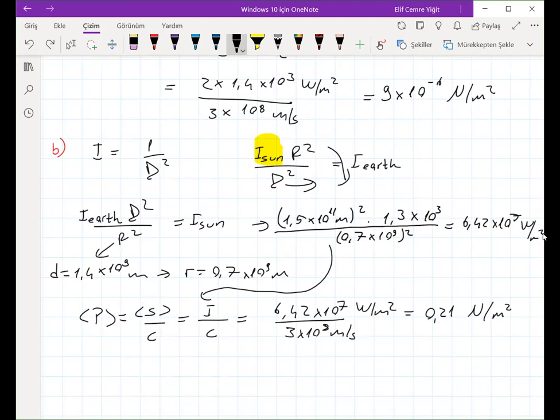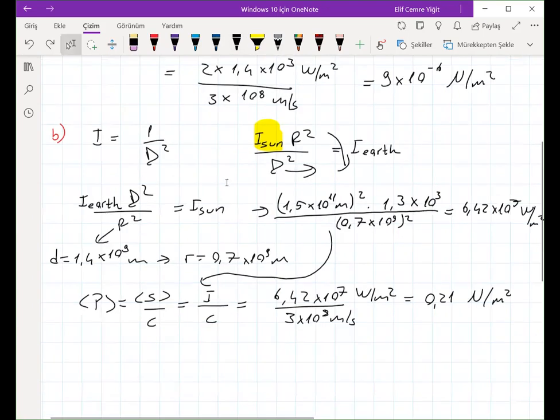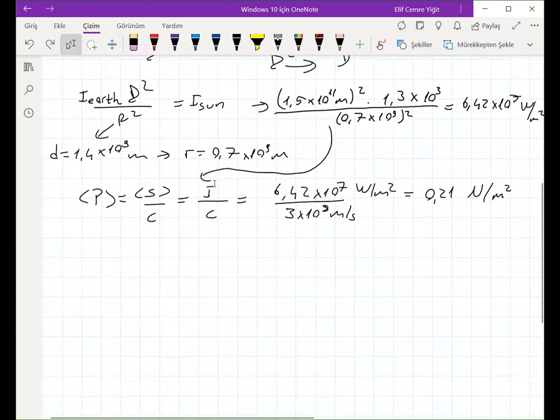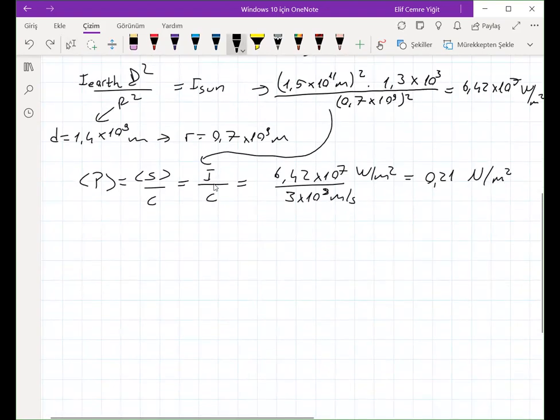Can you explain this formula for B? Actually, it's not exactly a formula. Your book doesn't also give it, and I don't know where they find it. But normally, as I said, the irradiance will decrease. Actually, inverse square law.